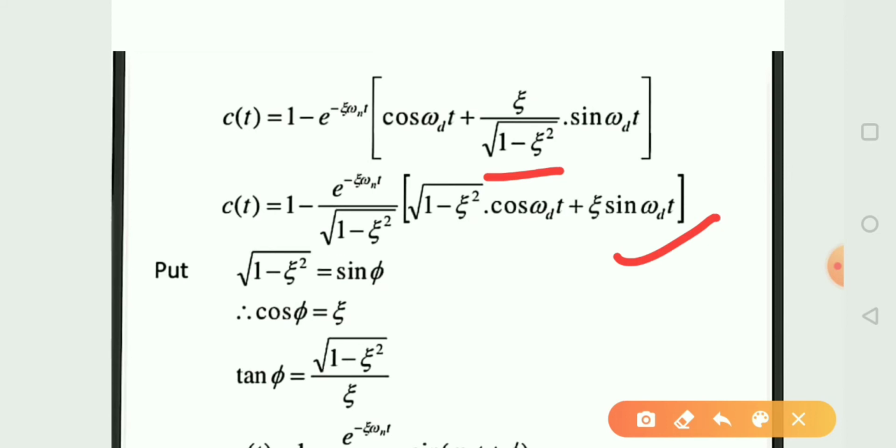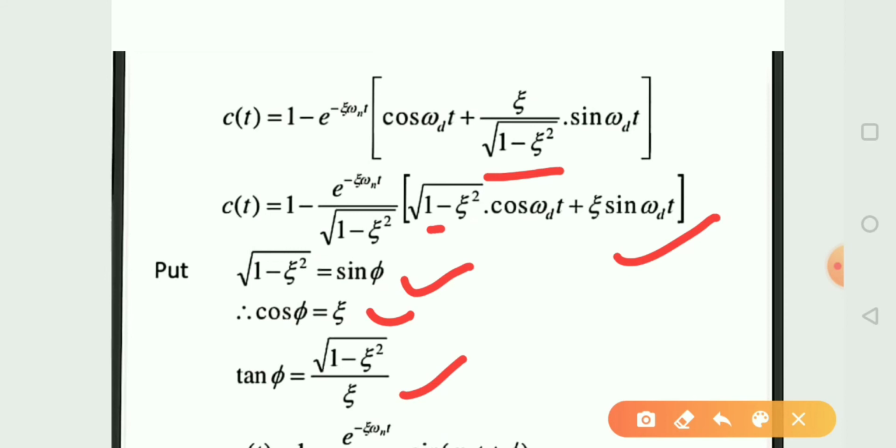Now we know if we put sin φ in the place of root of 1 minus ζ², then the value of cos φ is ζ and the value of tan φ is root of 1 minus ζ² upon ζ, because tan θ is sin θ upon cos θ.